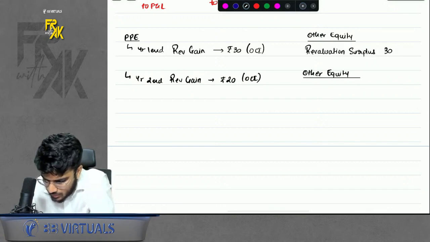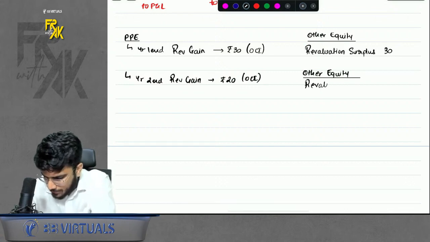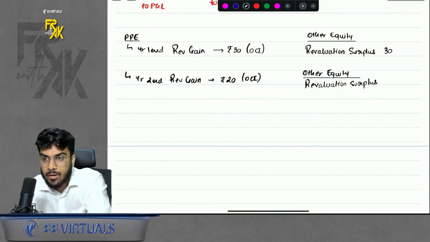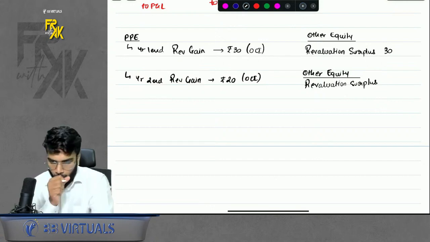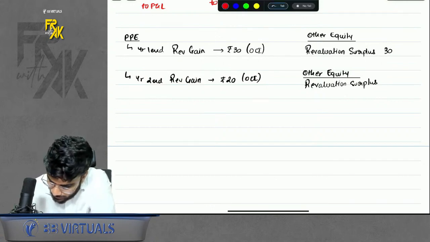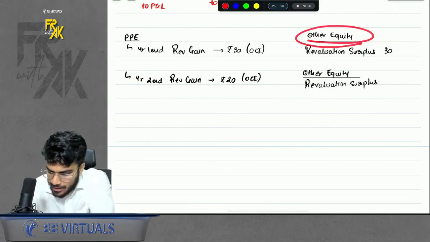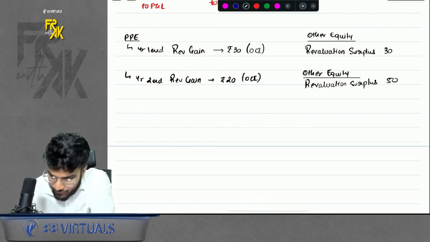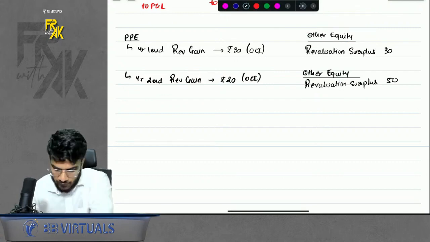What will be the balance of revaluation surplus in other equity? Just tell me this part. Perfect answer, it will not be 20. Do you remember yesterday we discussed that in balance sheet the figures are as on date? So it will be cumulative now. 50. Perfect answer, 50. Very good.